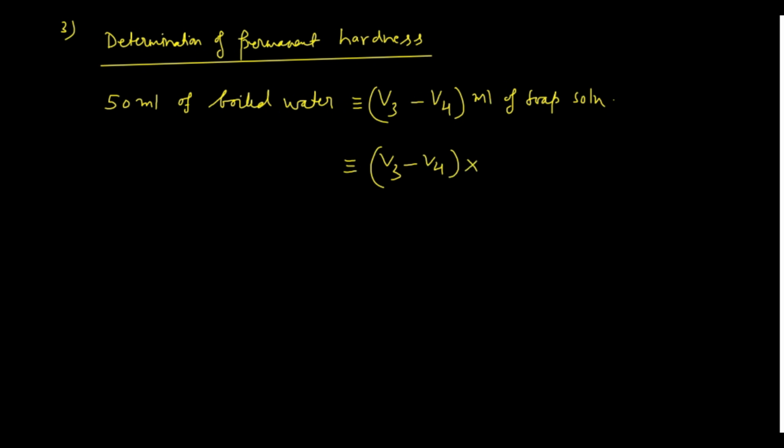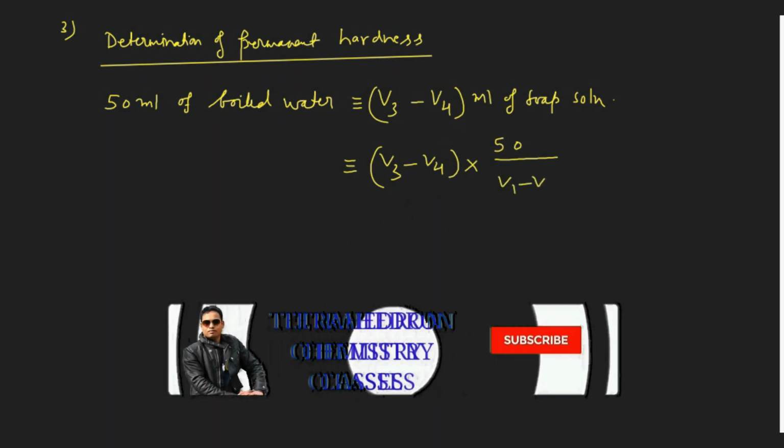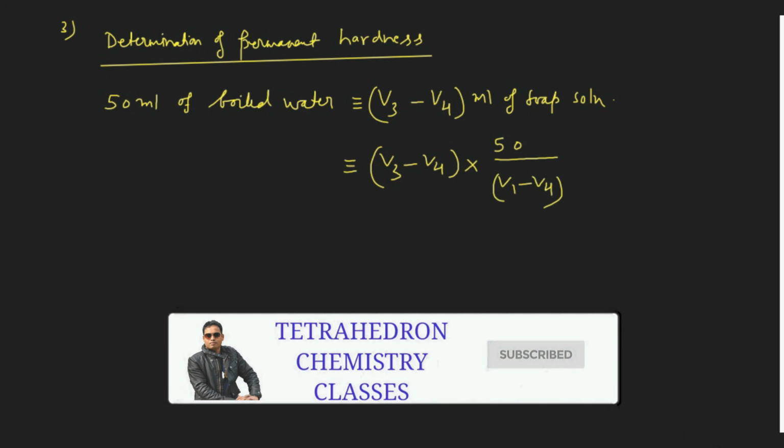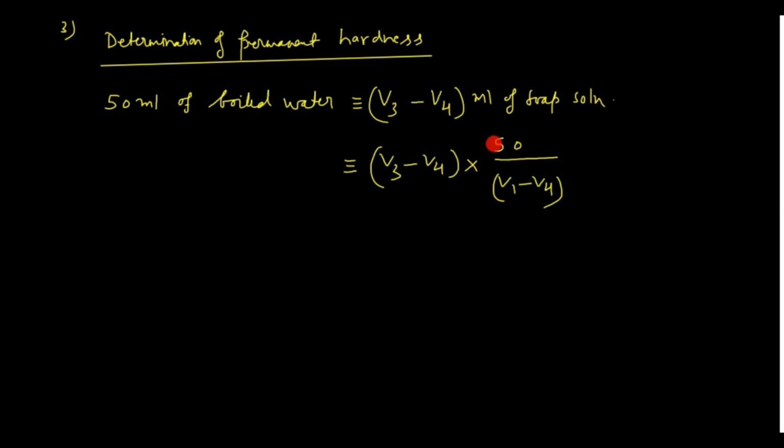Again I'll do the same thing which I did in the second step: 50 divided by V1 minus V4. You know where this is coming from, it is coming from the standardization of the soap solution. Please remember, once I do this, this is basically mg of CaCO3 equivalent. And now you know we always do the calculation for 1 liter, so for 1 liter or 1000 ml. See what I will do here, I am doing it in a different manner.